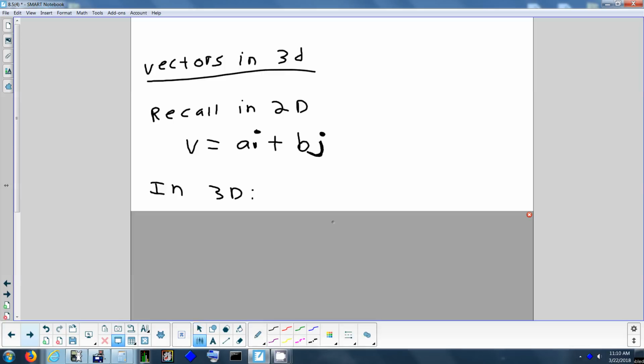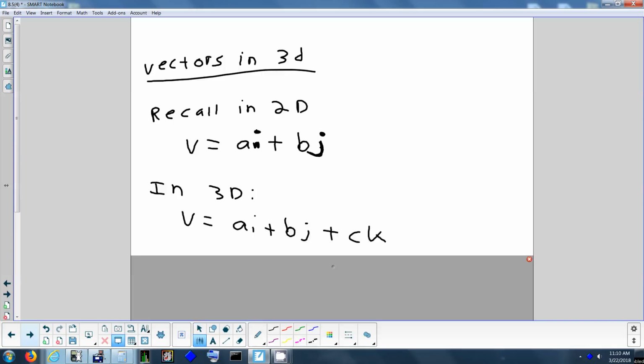Now when we extend it to 3D, we're going to need one more unit vector. Anyone have a guess what we're going to call our third unit vector? K. So this is a unit vector, I, J, K. The third unit vector is K. Remember, these I's and J's, they're all 1 unit long.